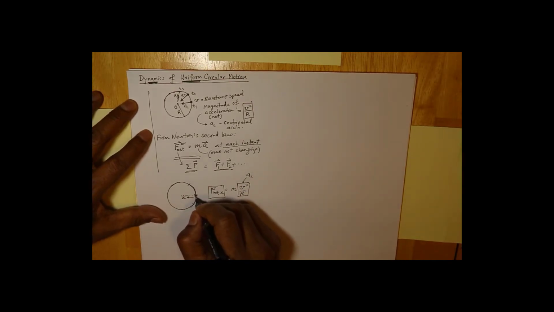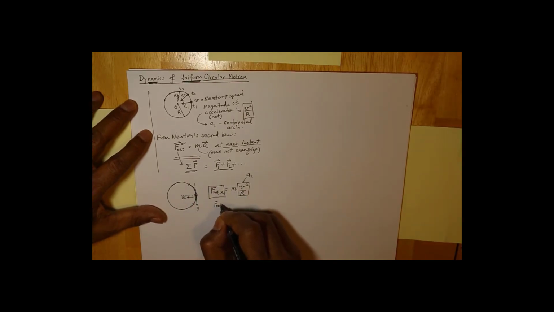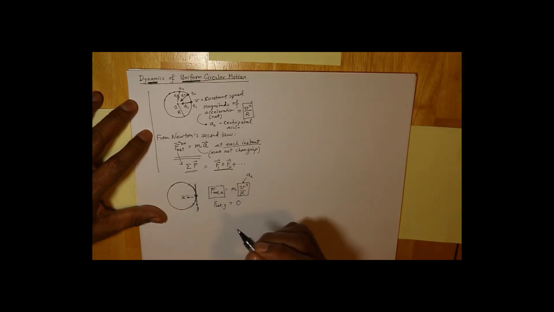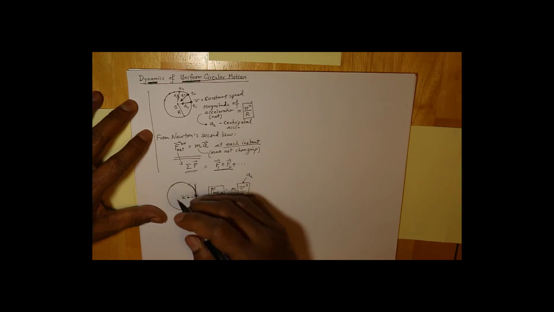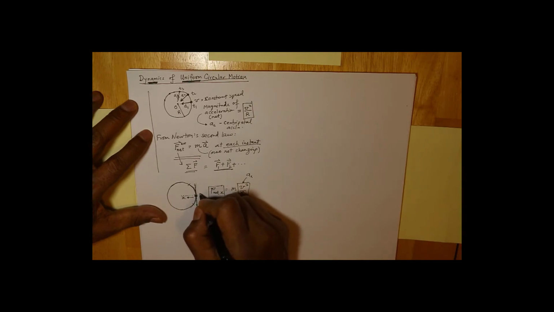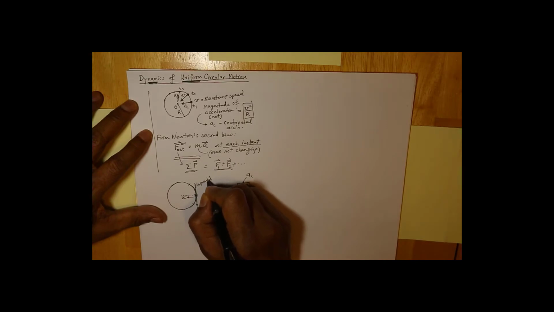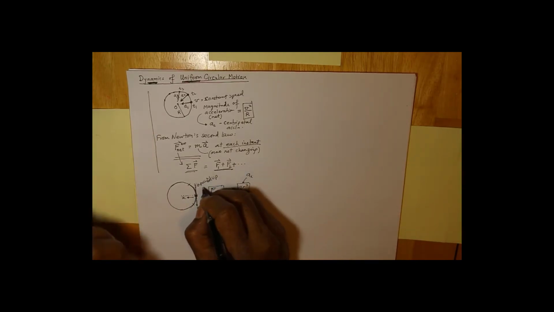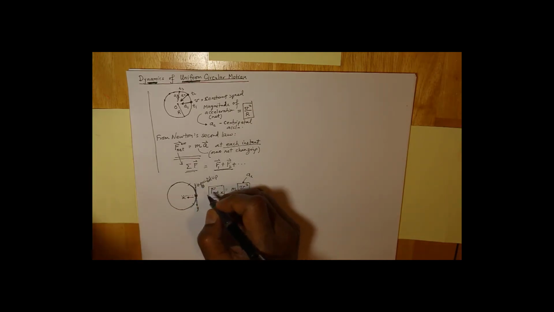If this is the x direction and this is the y direction, then if I look at all the y forces, they should add up to 0 because there's no acceleration along this direction. Then, using the right hand rule, the z axis is pointed up. We indicate the up direction by the tip of an arrow, as if the arrow is shooting straight up.